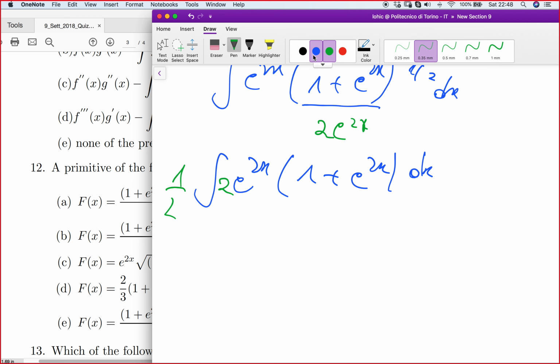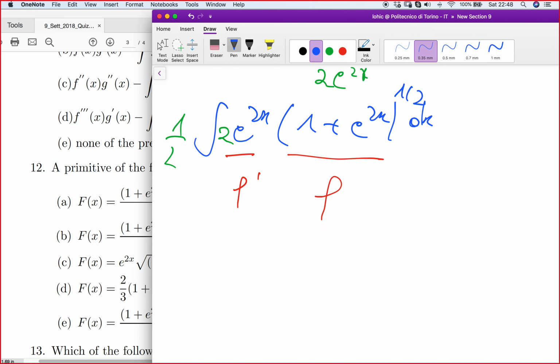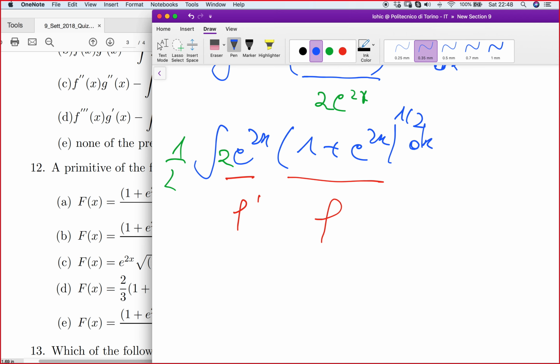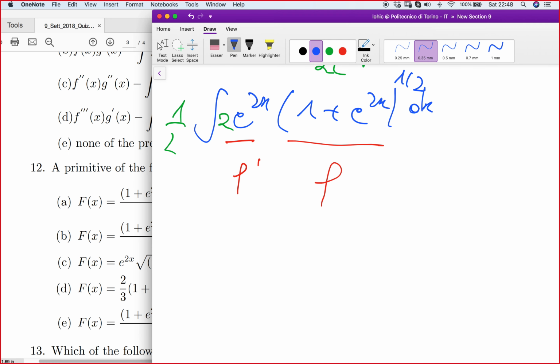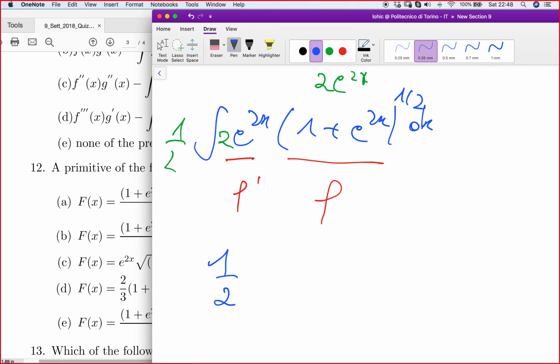Now you see that all this is f prime and all this is f, but I have a 1 over 2 here. So the integral of f prime times f to power half will be f to power 1/2 plus 1 all over 1/2 plus 1, right?